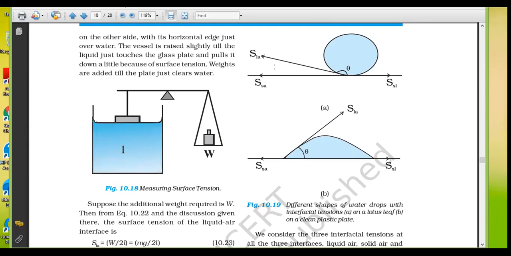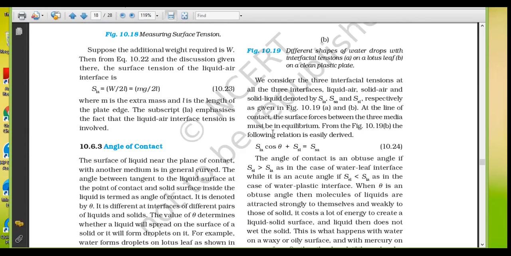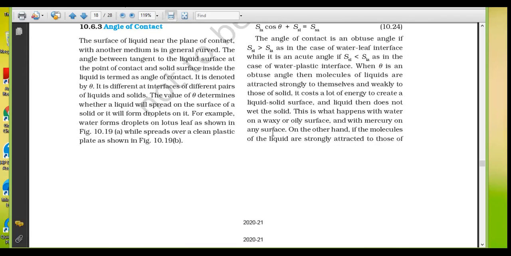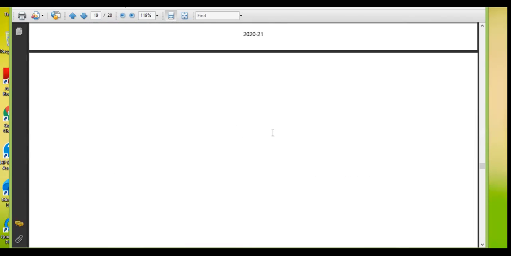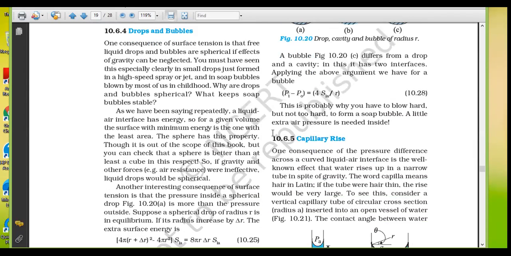Yeah, I think L is liquid. So liquid and here it is solid. So this glass surface is solid. The PDF is very slow.